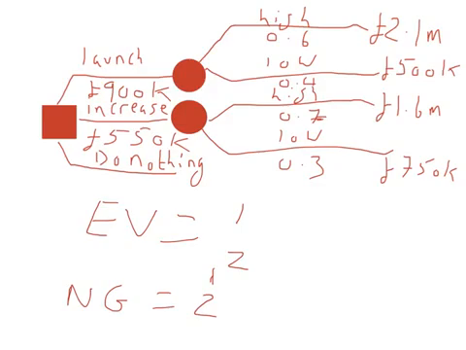Just remember the formula for expected values, 0.6 times 2.1, etc. To get the net gain, all you do is subtract the cost from your expected value. Remember that your expected value should be clearly marked above the circle. I will go through the answer on the next slide, so pause the video, do the working out, and then you can self-check your answer against mine.